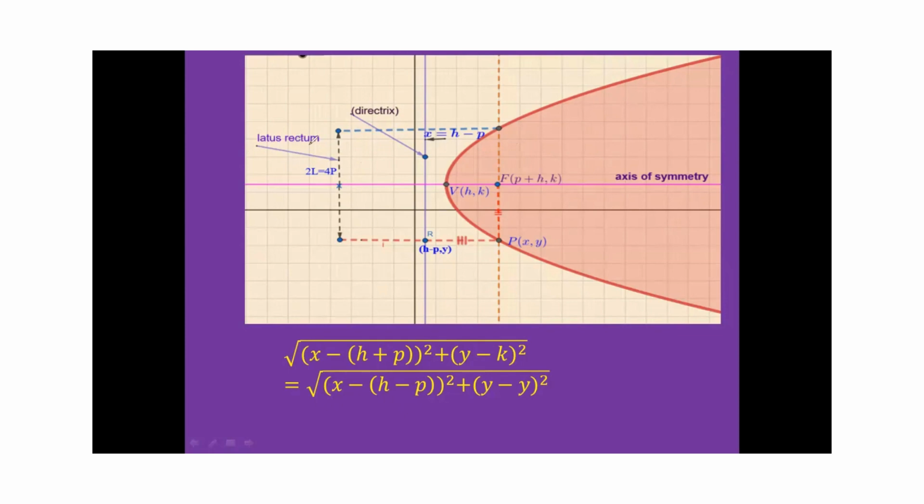This is the latus rectum, the distance from this point to this point.